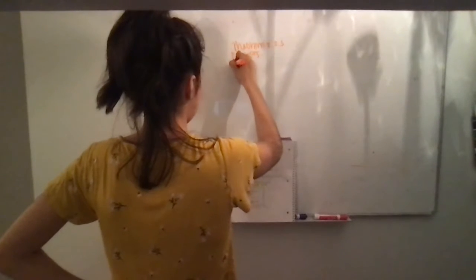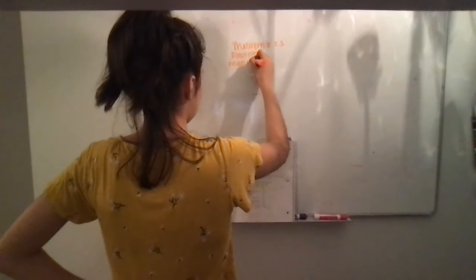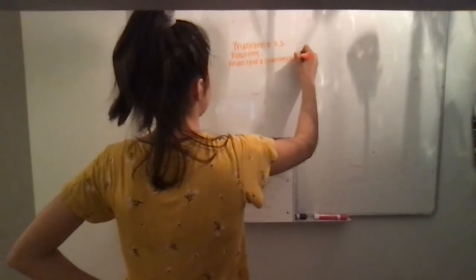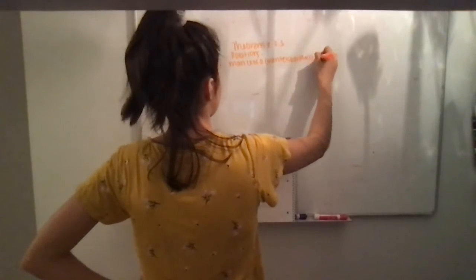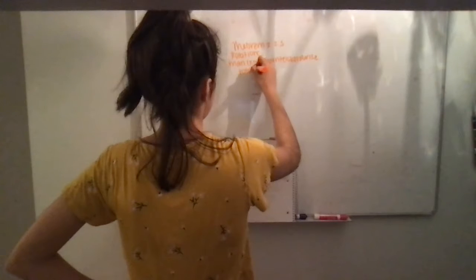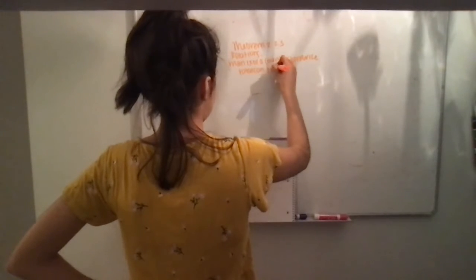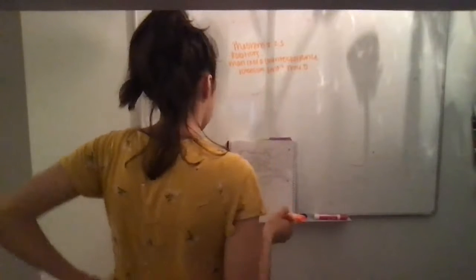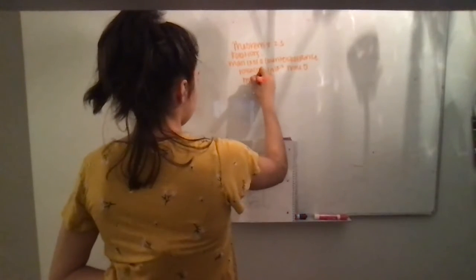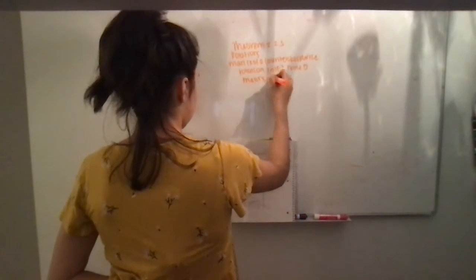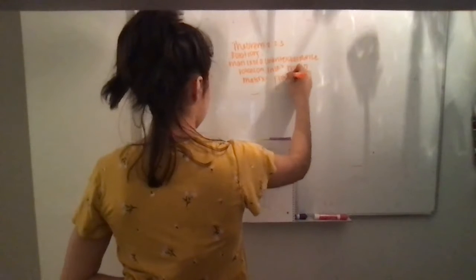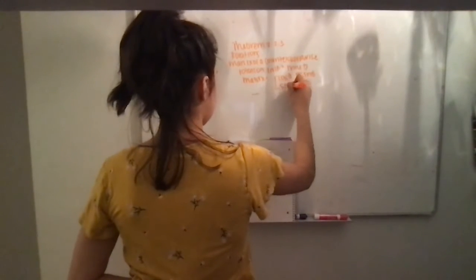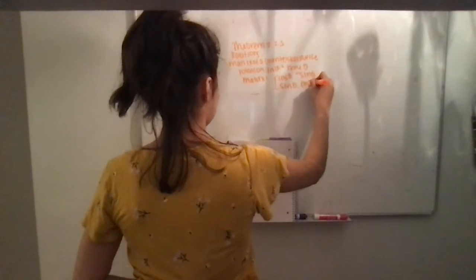If we have a matrix of a counterclockwise rotation, because this is what it was for, counterclockwise, in R2 through theta, the matrix equals cosine theta, minus sine theta, sine theta, cosine theta.